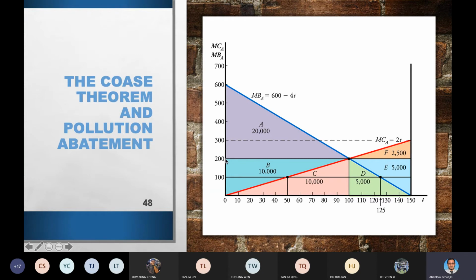The firm will give 200 per ton to dump. So the firm will give until 100 tons here to reach this equilibrium. It will dump 100 tons and it will give 200. So this is the cost and this is the benefit. So the profit for the mill will be eliminated.